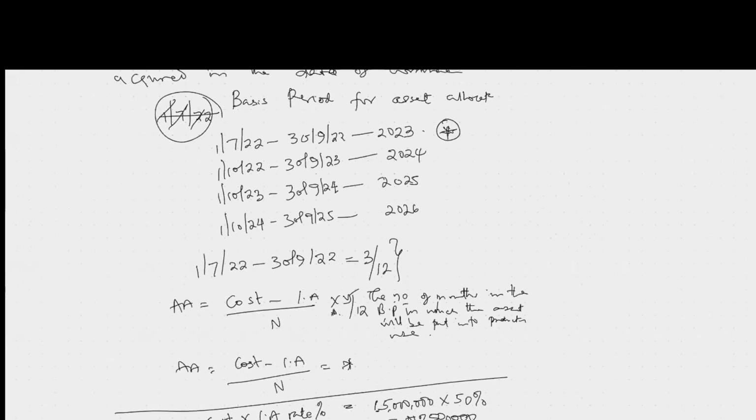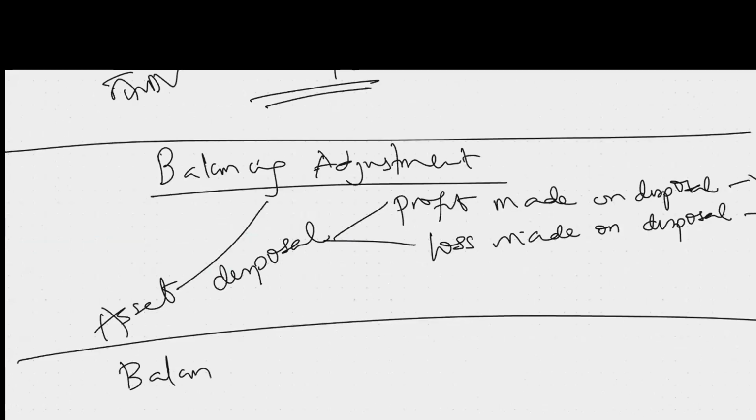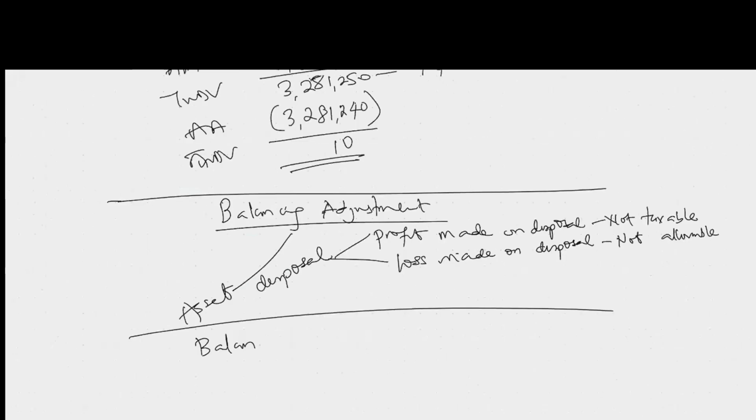The loss is not allowed for the purpose of deduction, and the profit is not taxable. However, when we have a profit situation, we call that balancing charge. When we have a loss situation, we call that balancing allowance.